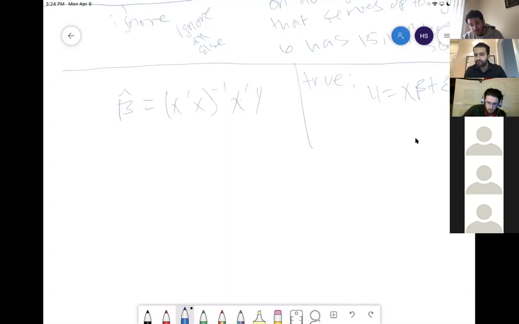If we have a case of omitted variable bias, that is, this isn't actually the true relationship of y. This isn't the population version of y. Let's say the population version of y actually had some additional stuff in it.